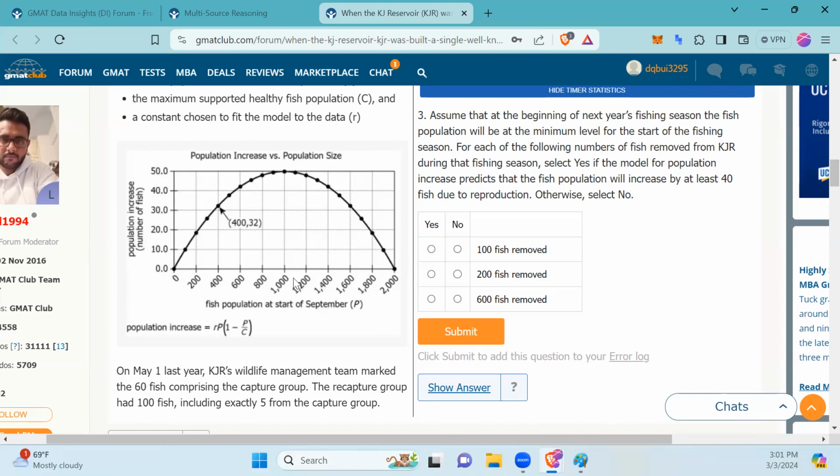So if the population exceeds 1,000 fish, the rate of growth in the population is going to decrease. Okay. And before that 1,000 mark, the rate of growth is also going to increase.